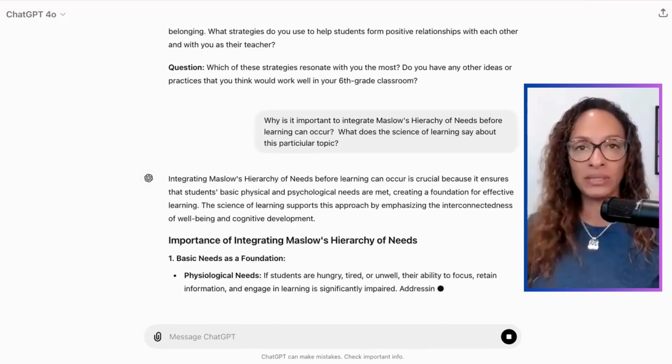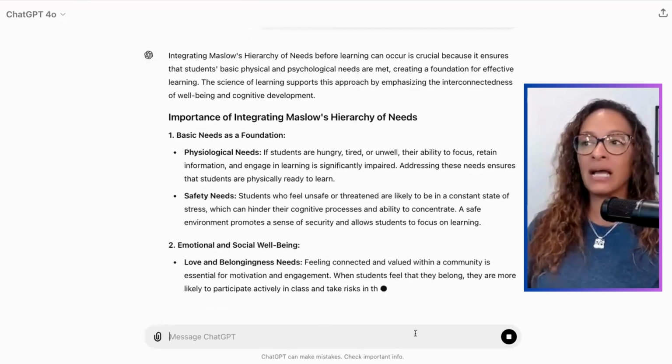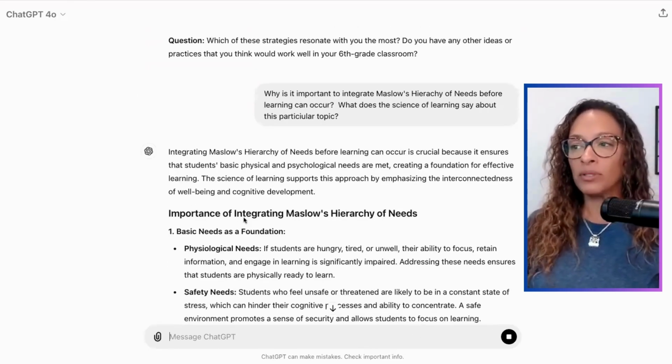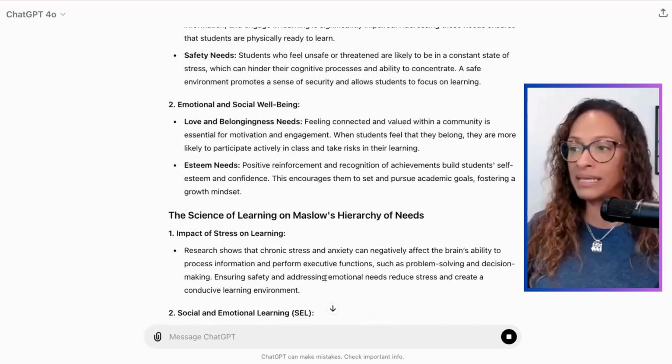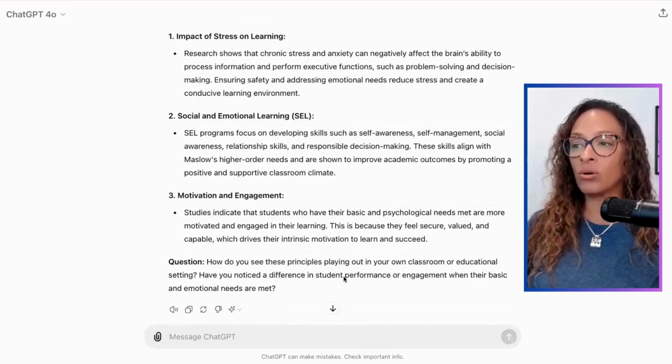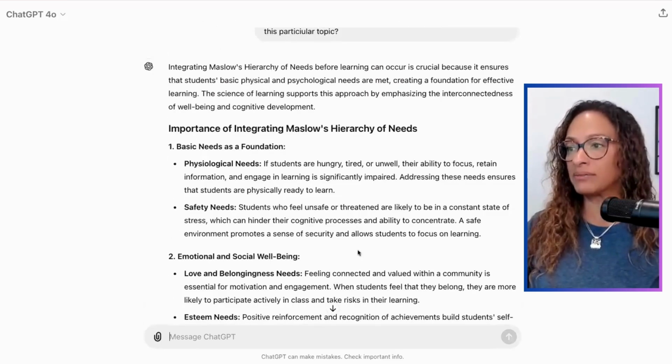This is what I will call research because it's giving me some information and it's telling me the importance of integrating Maslow's hierarchy of needs. It's giving you the psychological needs, the safety needs, the emotional well-being, and it's also integrating this from a science of learning perspective.